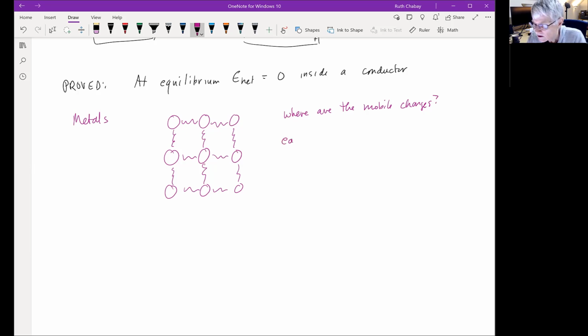So each atom gives up one electron. And so we have this cloud of electrons, and it's described as the mobile electron sea. So we have a sea of mobile electrons.